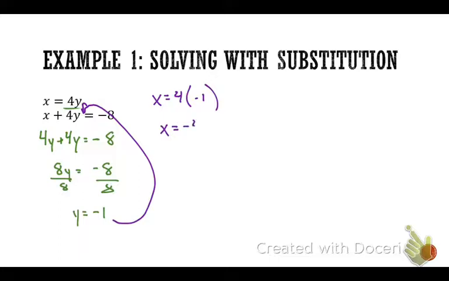So x equals negative 4. Now put them together in one ordered pair. Negative 4, negative 1. Okay, that's my answer. If I were graphing this system, where would my lines be crossing? They would cross at negative 4, down 1.